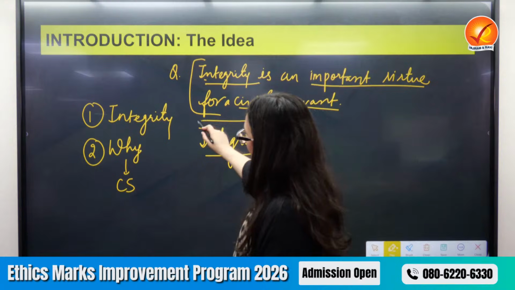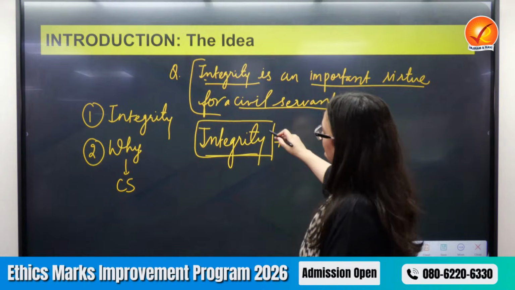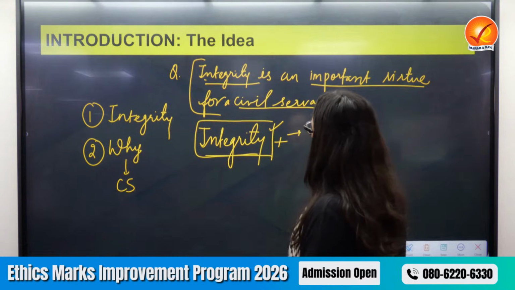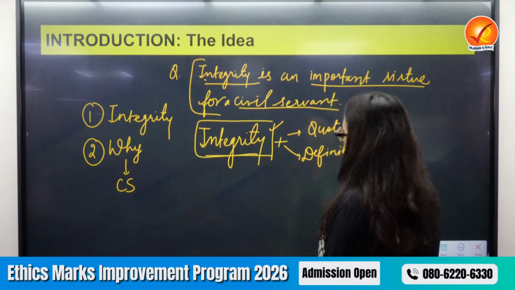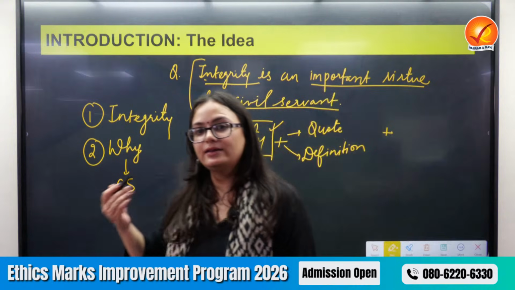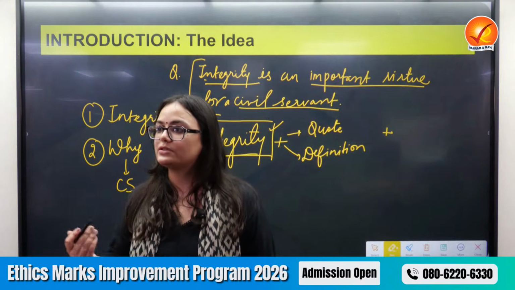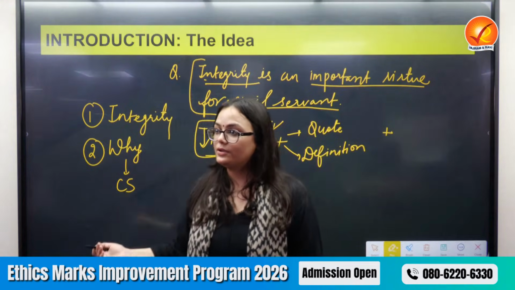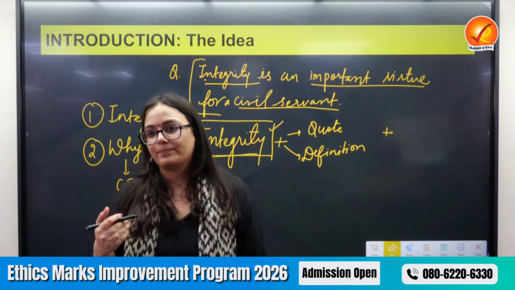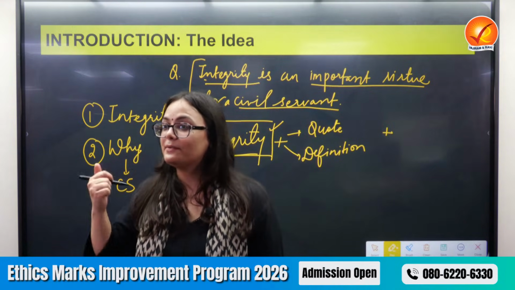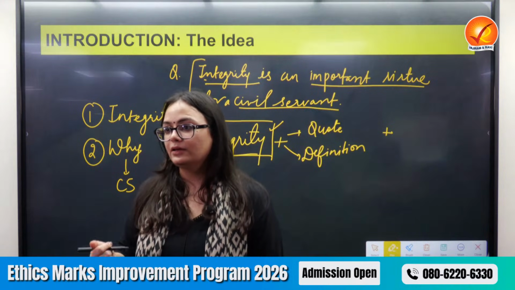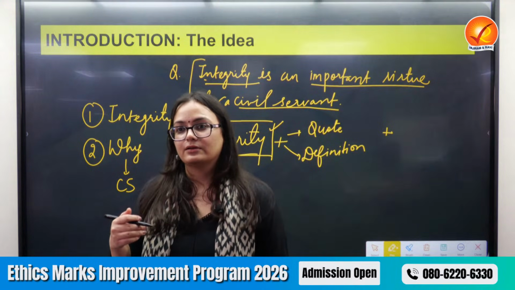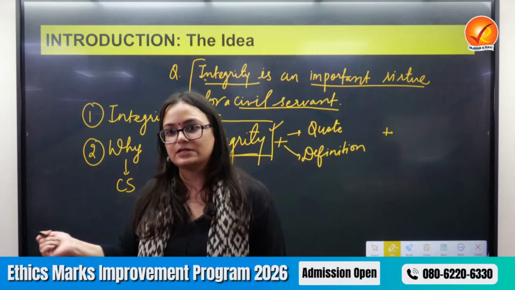Suppose this, I tell first what is integrity using a quote or using a definition. Plus, I should also write why integrity is an important virtue for a civil servant. It is important because of the resources that are placed under him, because of the widespread powers that are under him, right? That makes important the virtue of integrity in a civil servant.